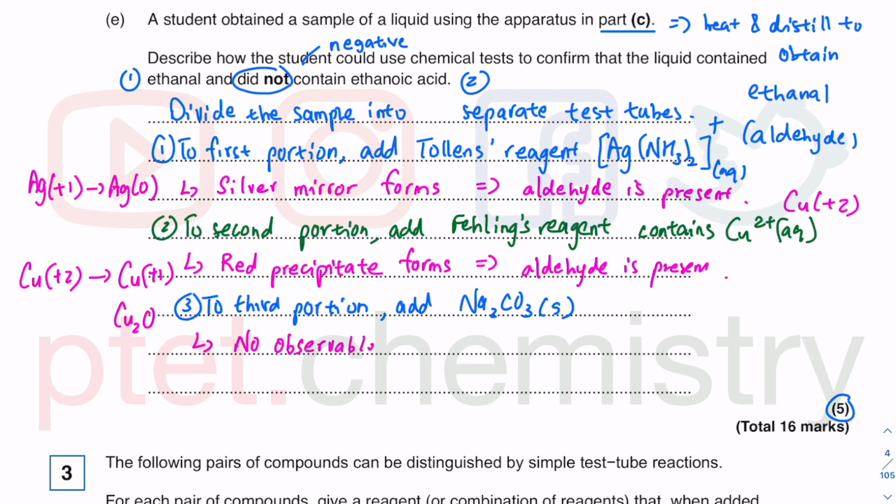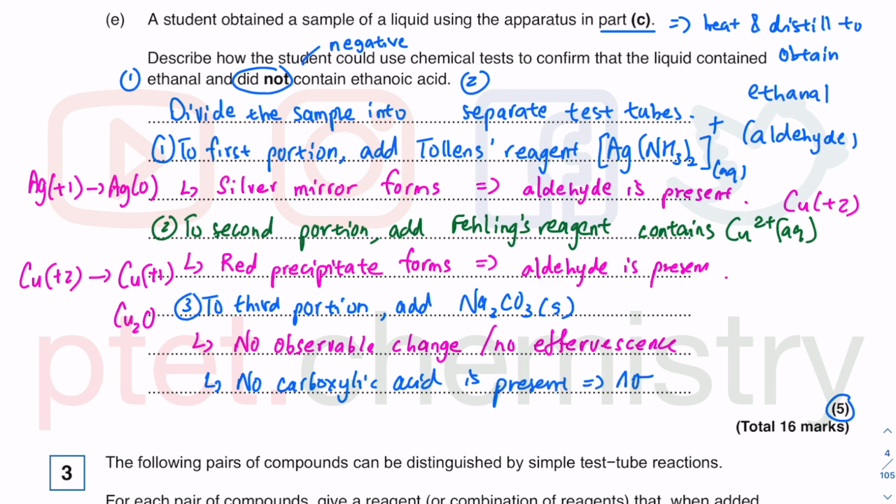I don't get any bubbles, no effervescence, no change at all. And what does this tell me? Therefore, this tells me that no carboxylic acid group is present, no acidic group is present. Therefore, this will confirm that this is not an ethanoic acid. It does not contain any acidic group at all.